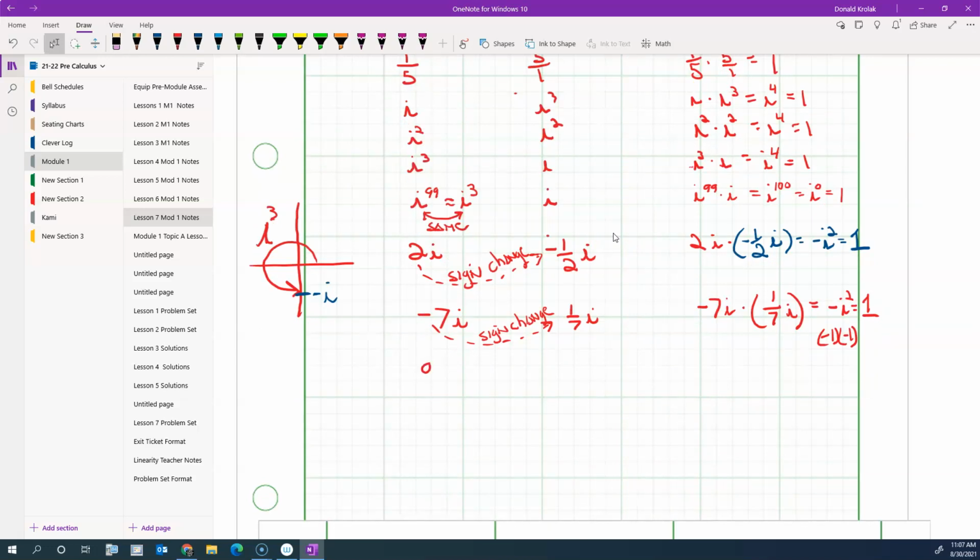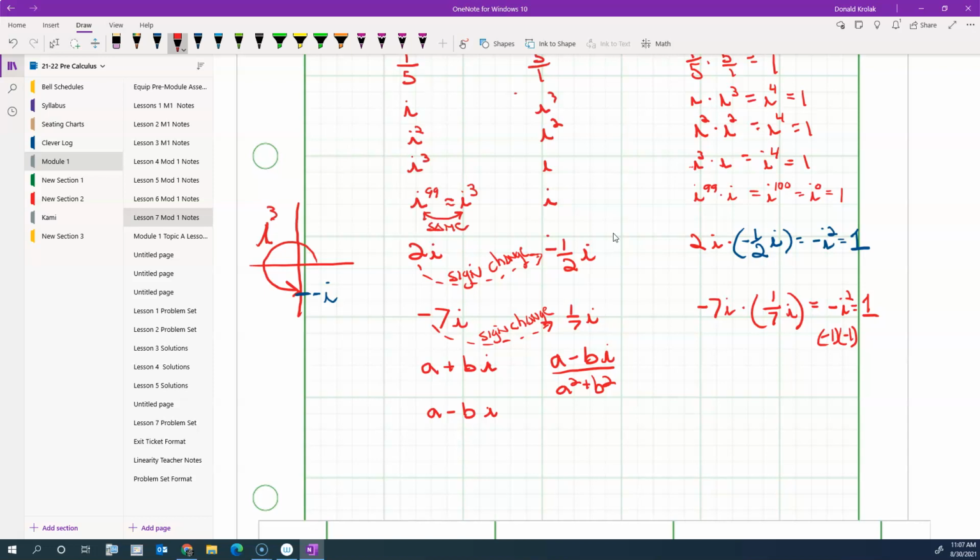If you had a generic complex number that either looked like this or like this, its multiplicative inverse was a, switch the sign, bi, over a squared plus b squared. That's what we came up with.